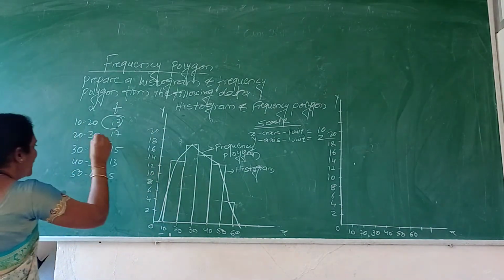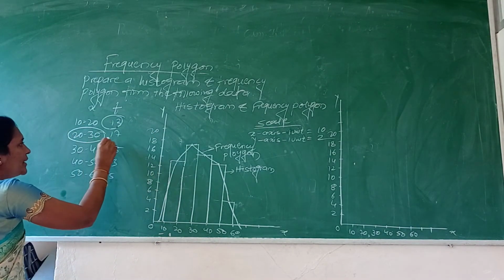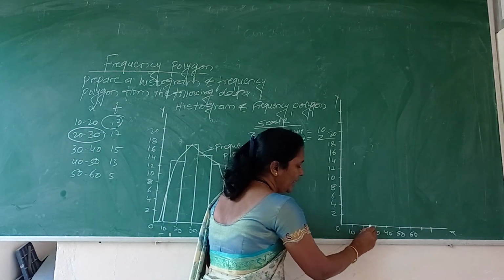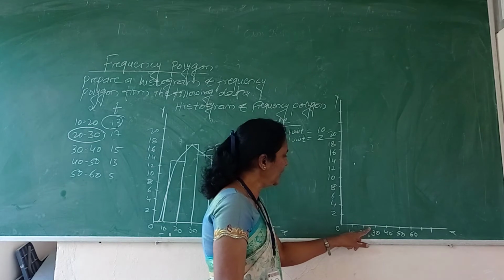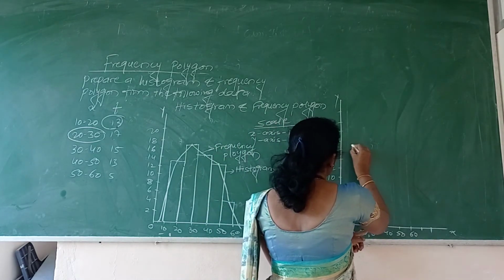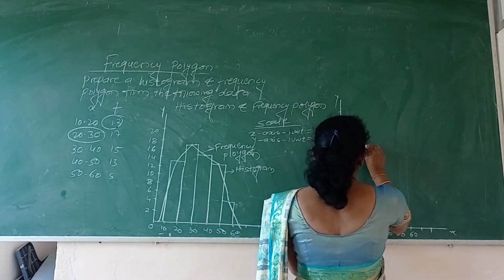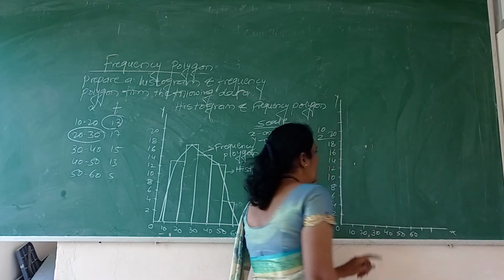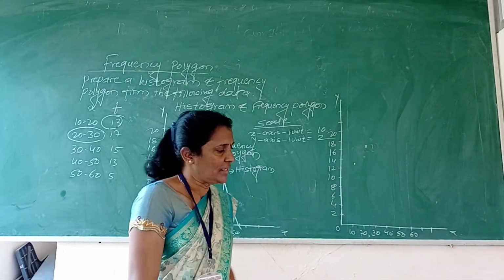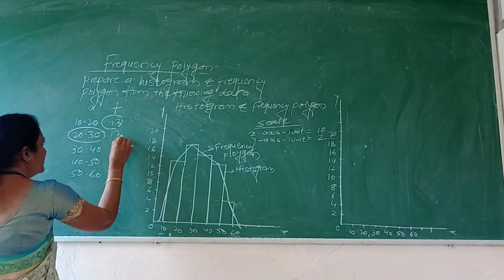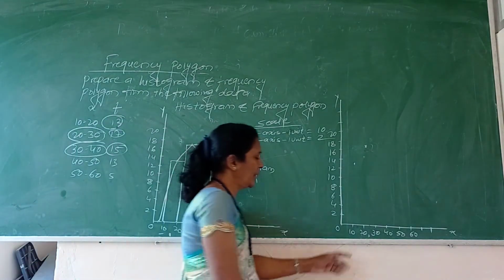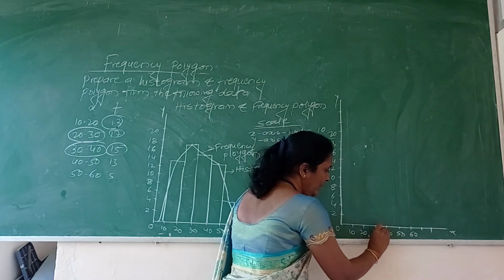Then 20 to 30 is 17. The middle of 20 to 30 is 25, and the height at 25 is 17. So here, a star at 17. Then 30 to 40, how much is it? 15. The middle of 30 to 40 will be 35.